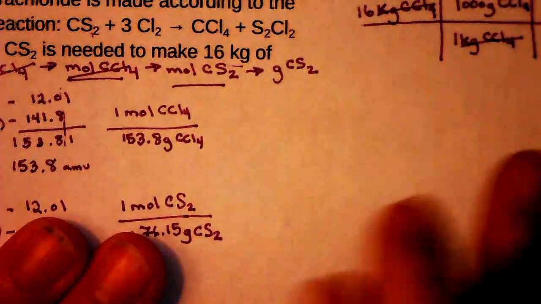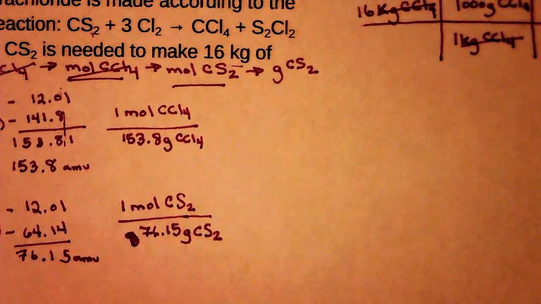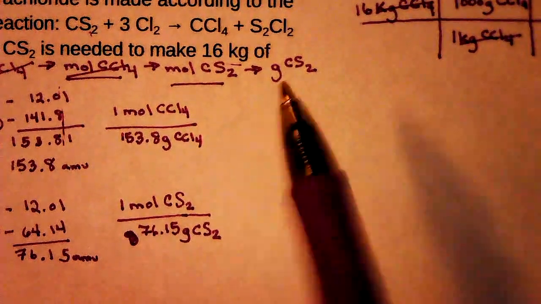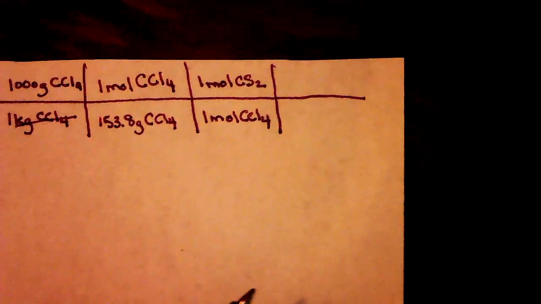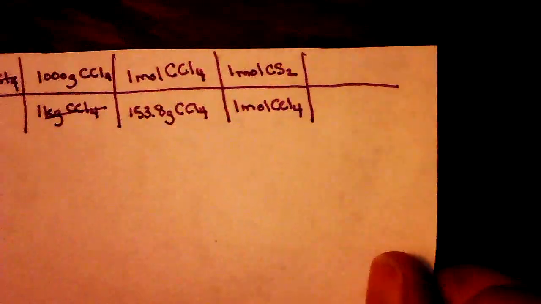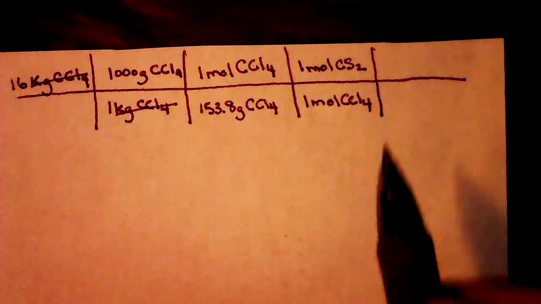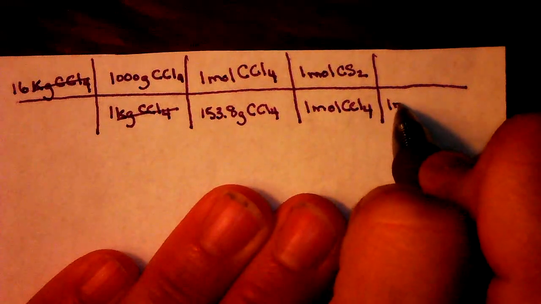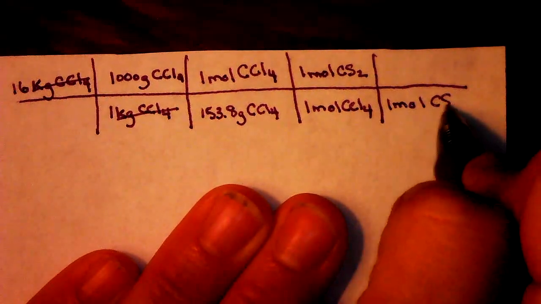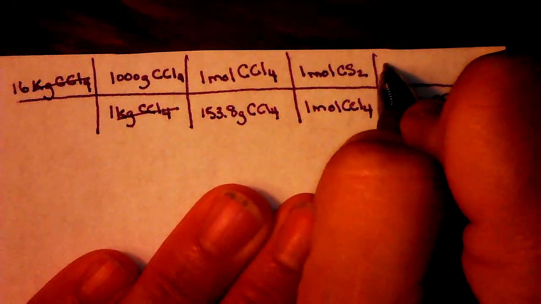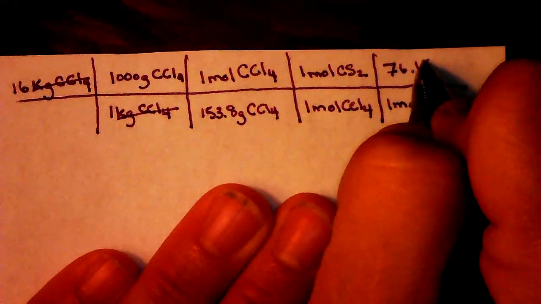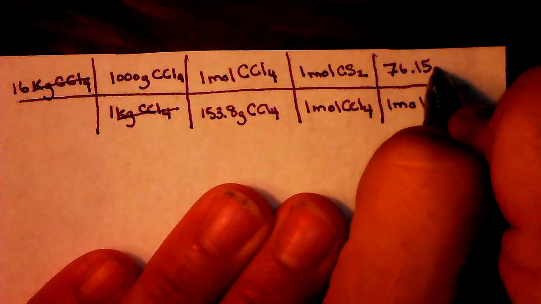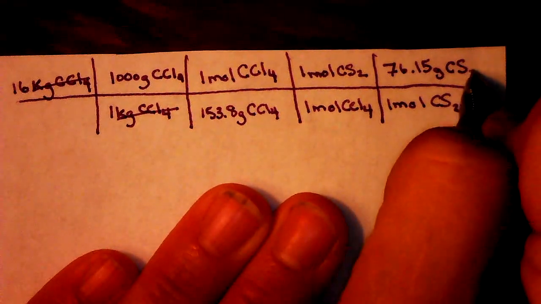We need to get to grams of CS2, and that's where we're going to use this one down here. We're going to have to invert it because we're going to want grams on top. So looking back at this, all right. There we go. We know that for every 1 mole of CS2, from our molecular mass, we can say that that is 76.15 grams of CS2.